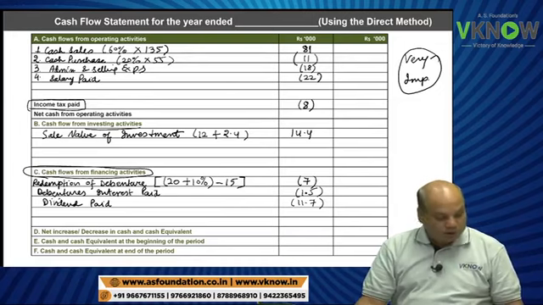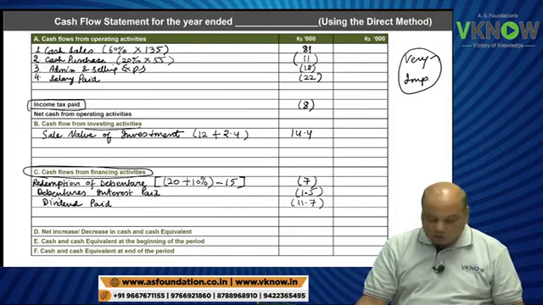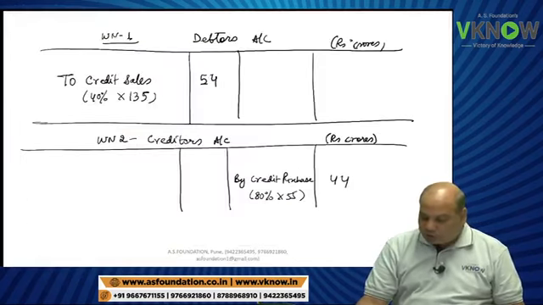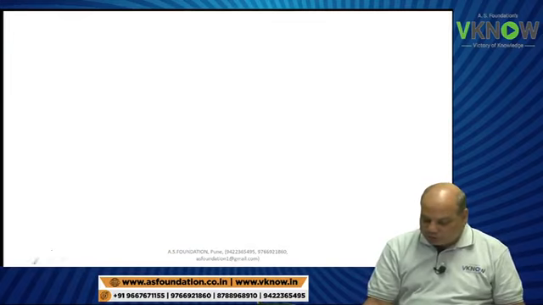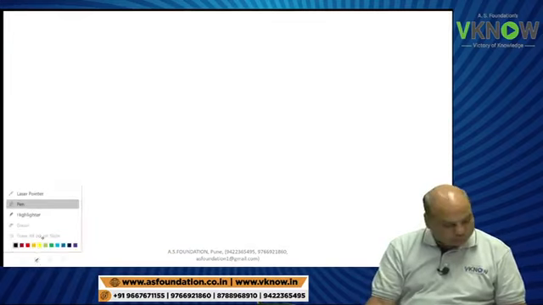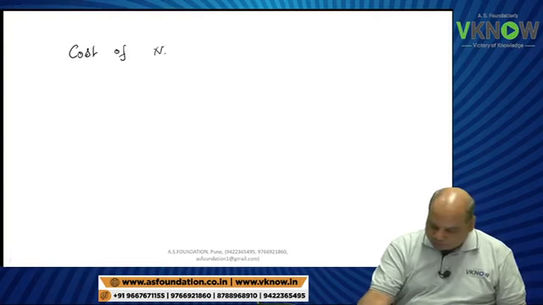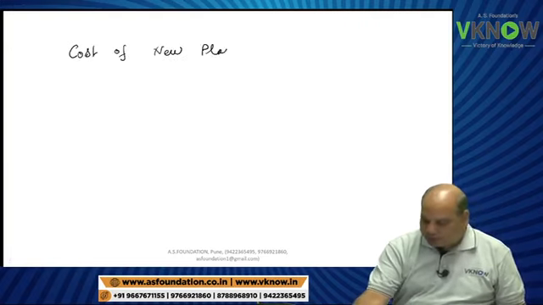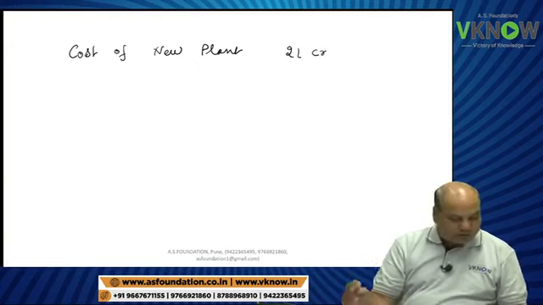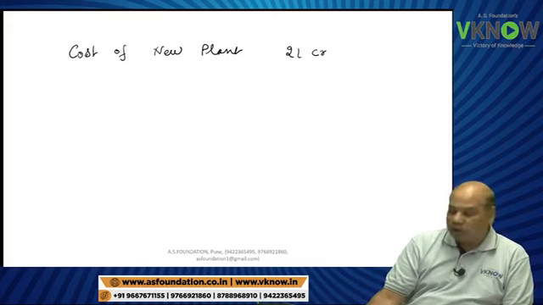Point number 8. A new plant costing rupees 21 crore. What is the cost of this new plant? 21 crore was purchased in part exchange of an old plant.